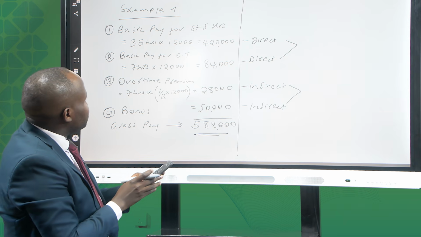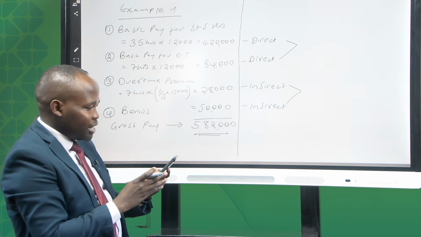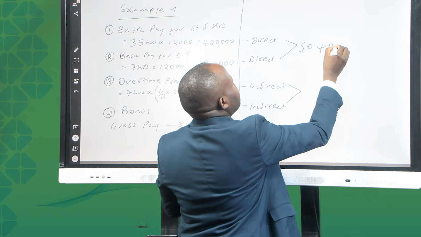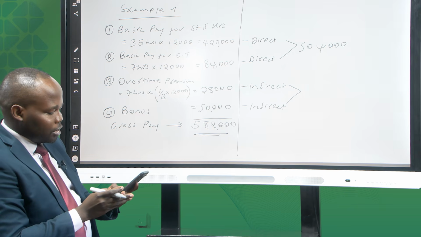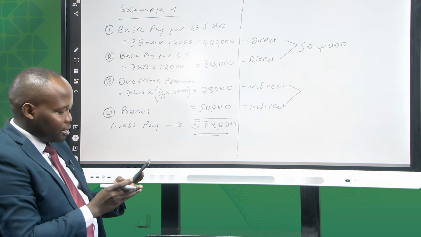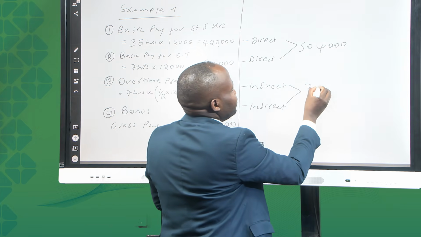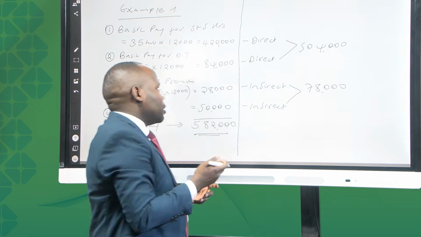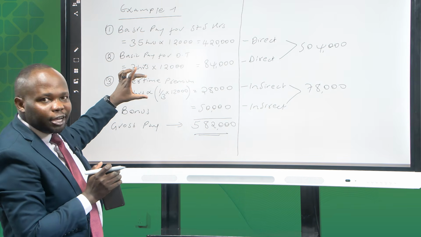The total direct is 420 plus 84, which gives us 504,000. That is the total direct labor cost. And the total indirect is 28 plus 50, which is 78,000.